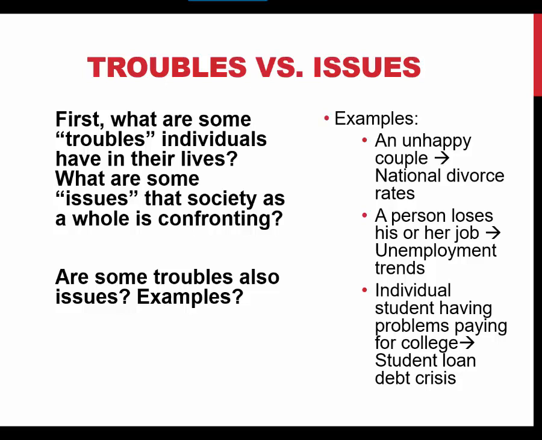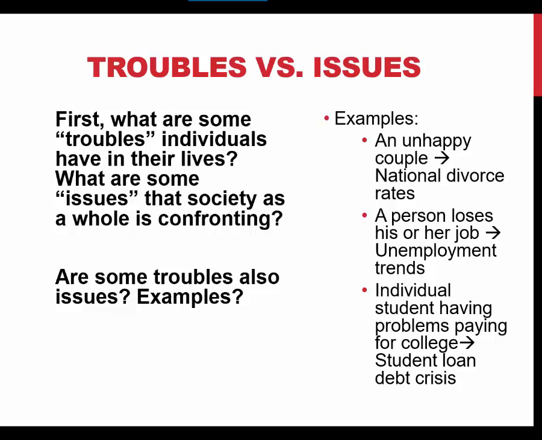An individual student having problems paying for college is a trouble. But given what we know about the rising cost of college, at the same time, wages have not increased at that rate. So many students take out student loans in order to afford college, so that they can take advantage of professional opportunities, but then they struggle to pay these loans back.